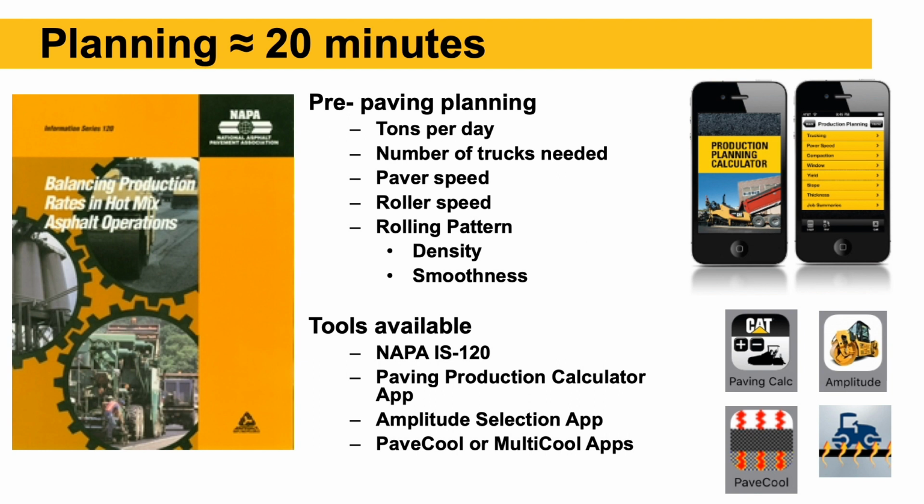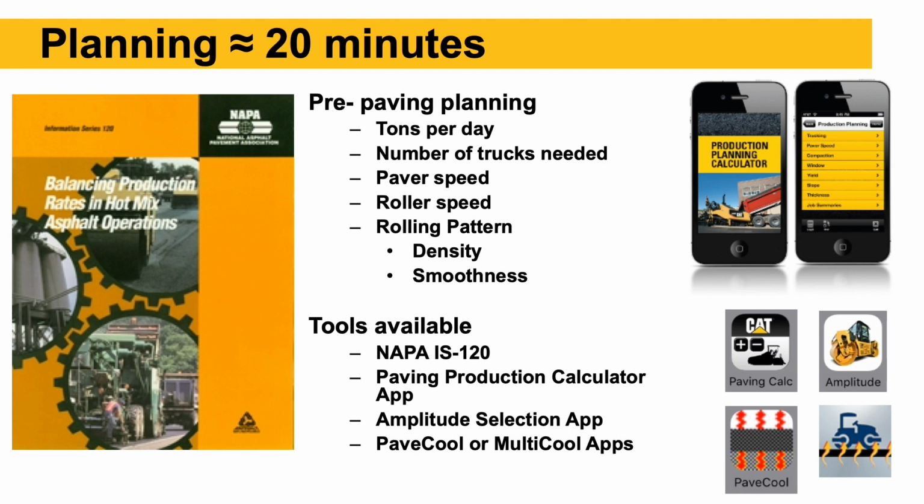The slide here shows some different tools that are available to help you in the planning process. You don't need any of these tools. They just make life easier when you take a certain tonnage and paving width and want to calculate the number of trucks needed and paver speed.